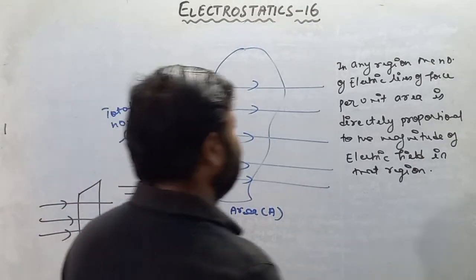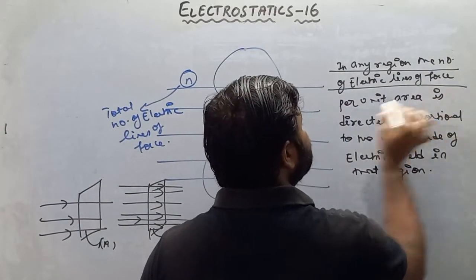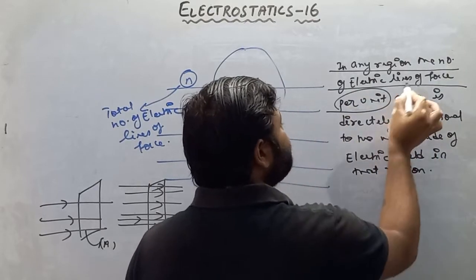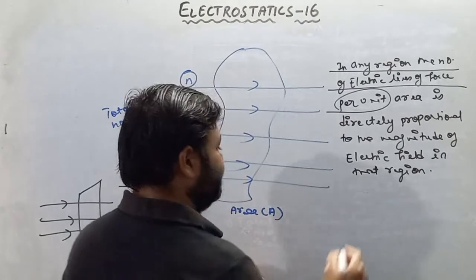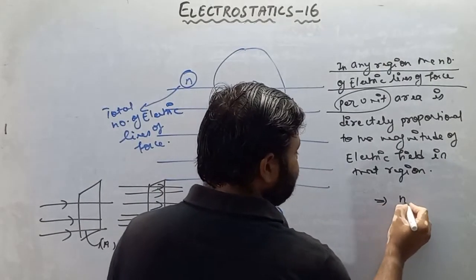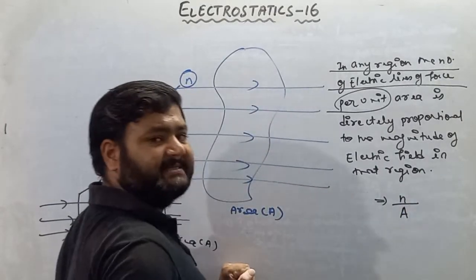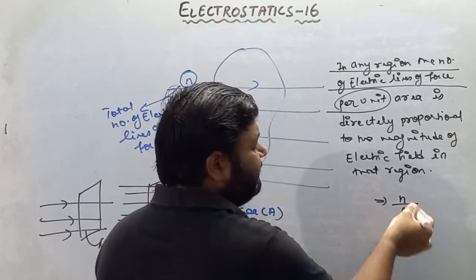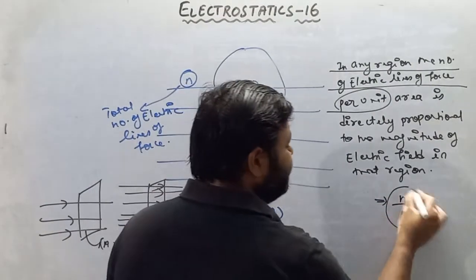And we already know that in any region, the number of electric lines of force per unit area means density. Density means the number of lines passing from unit area. It is N by A. The total number of electric lines of force divided by area is basically density.